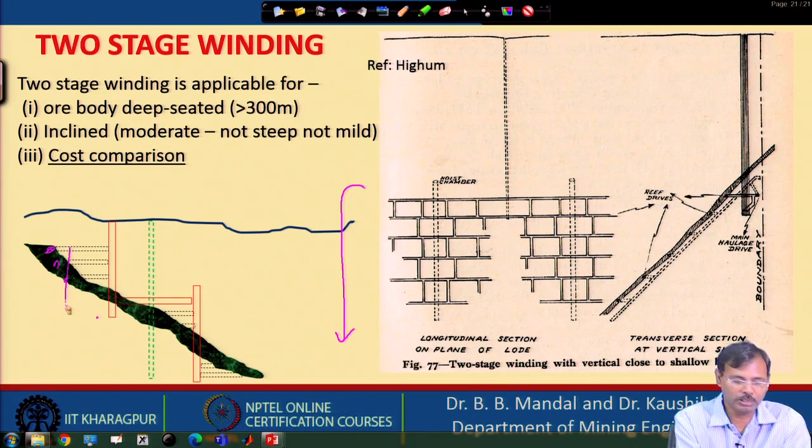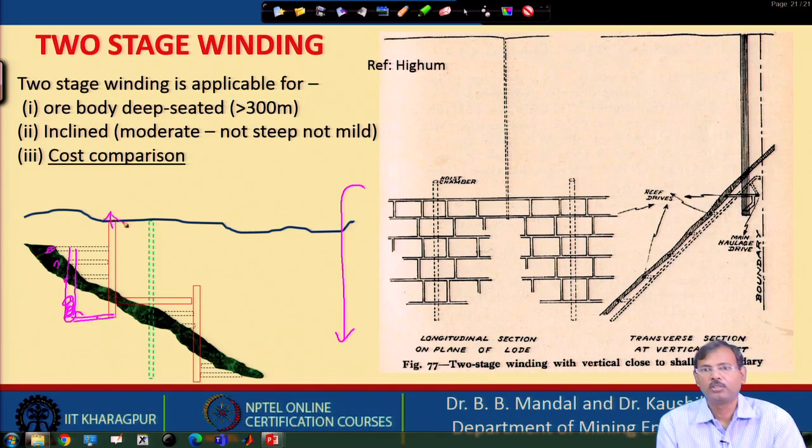We provide an ore bin here, and in this ore bin we accumulate the ores. Then from this we take out the ore through the shaft. So, the transportation in general is kept from the bottommost level from which the shaft is serving, and this way we are taking out this material.